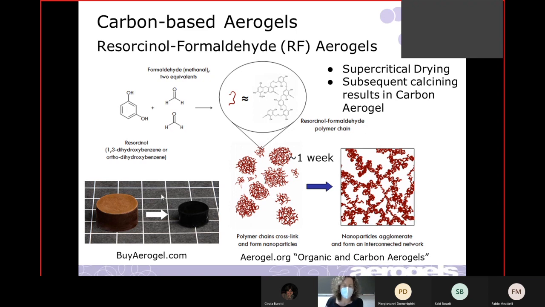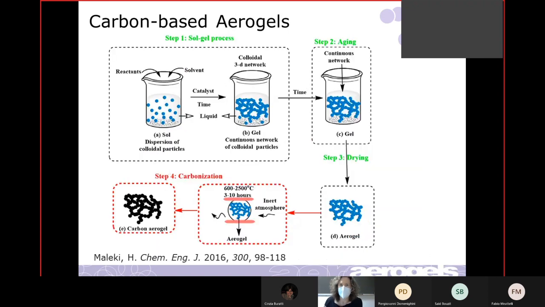This is not something that you'd use for a window, for example. So, all right, they're going to be highly insulating. And so what we've essentially done in this case is you've added an additional step to make this carbon aerogel, right? At this point, if we stopped in the previous case, we'd have a resorcinol formaldehyde polymer aerogel. But if what you want is just a carbon aerogel, then you're going to have to do this.